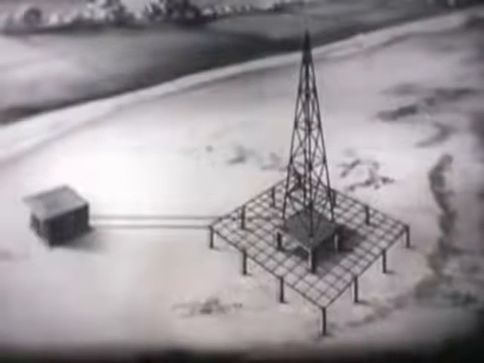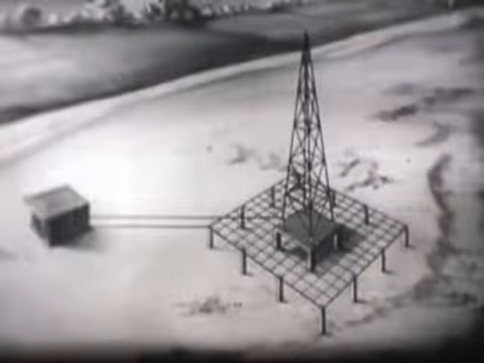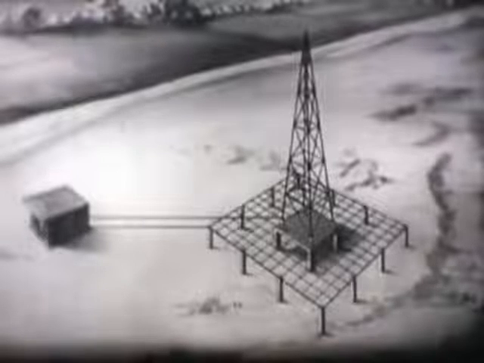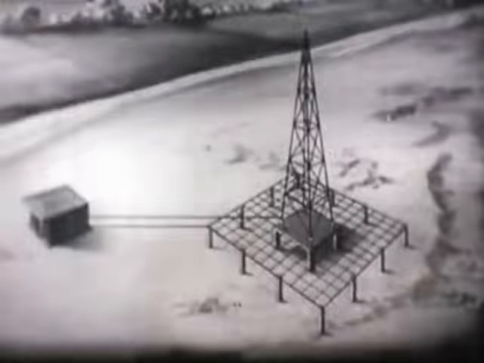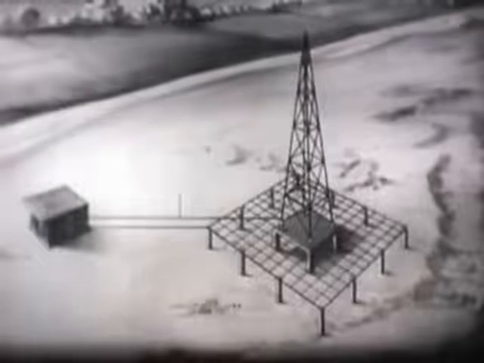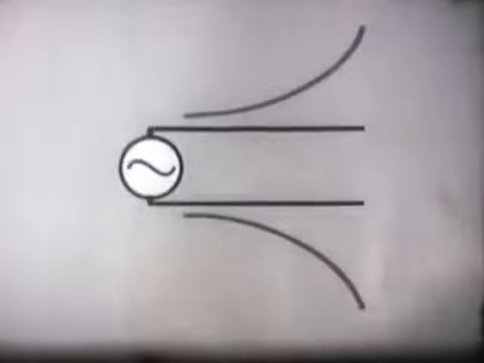A transmission line transfers power to the antenna, and herein lies a final problem: matching the impedance of the transmission line to the input impedance of the antenna in order to eliminate reflection and obtain maximum power transfer. Remember the impedance curve on our quarter wave transmission line?